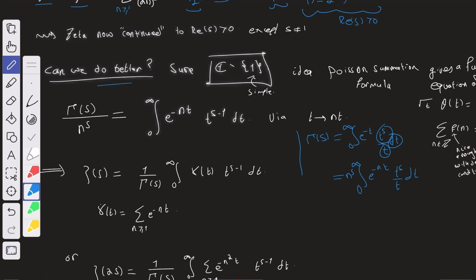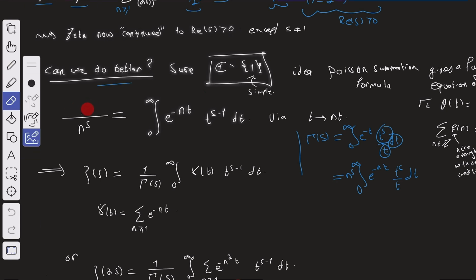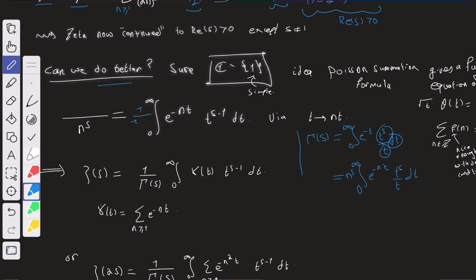So we could let the n to the s appear using the gamma function, and we may rewrite this a little bit. We may rewrite this as 1 over gamma of s, and there's a 1 here.